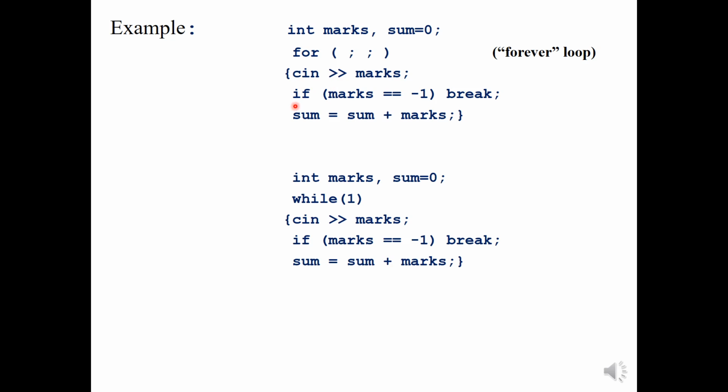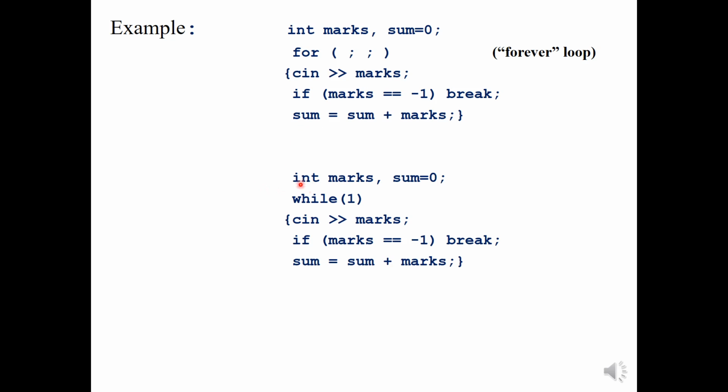I'm saying if marks equals -1, then break. So the for loop will be broken, and the computer's control will come out here.